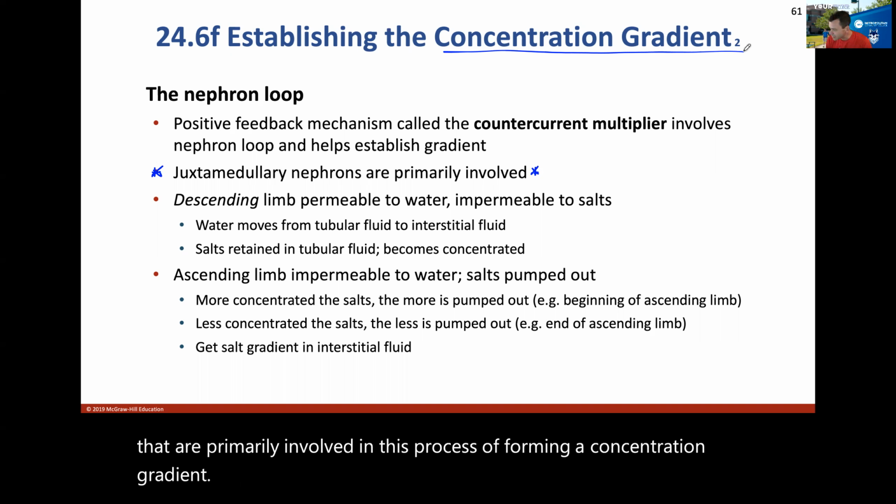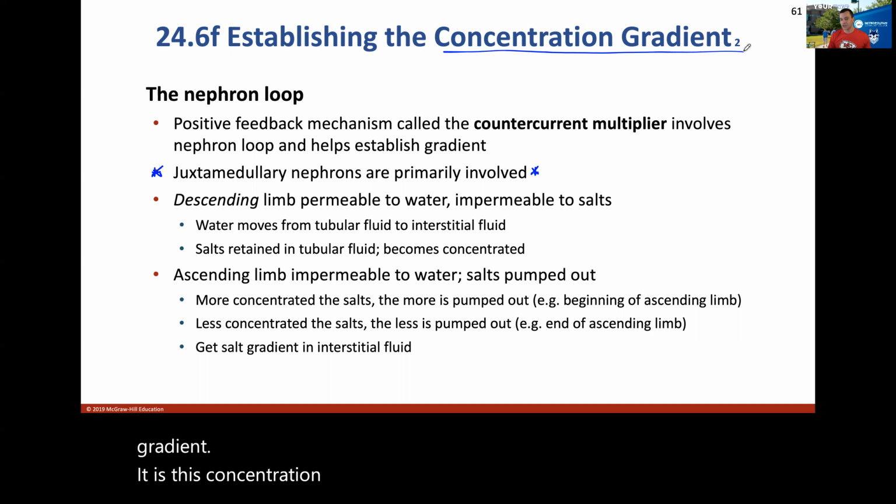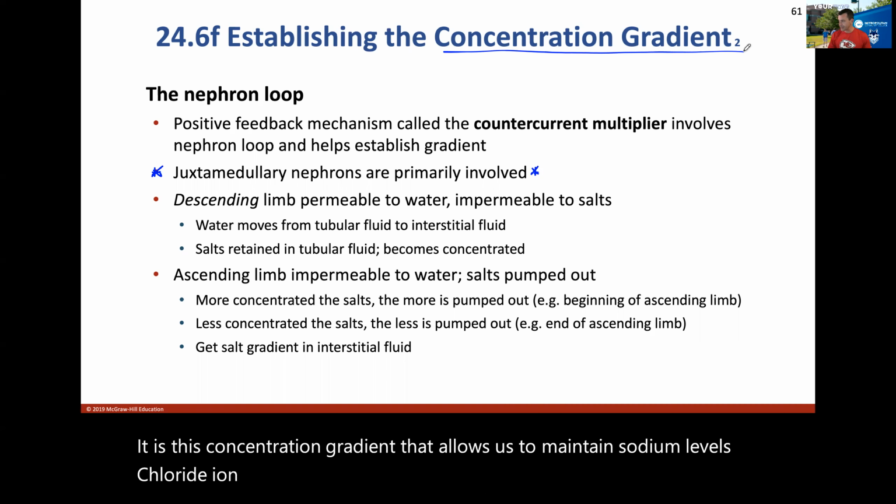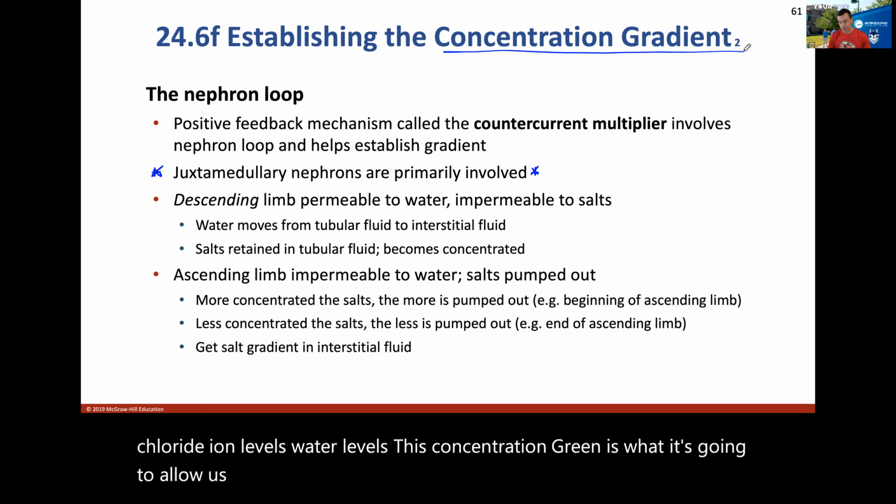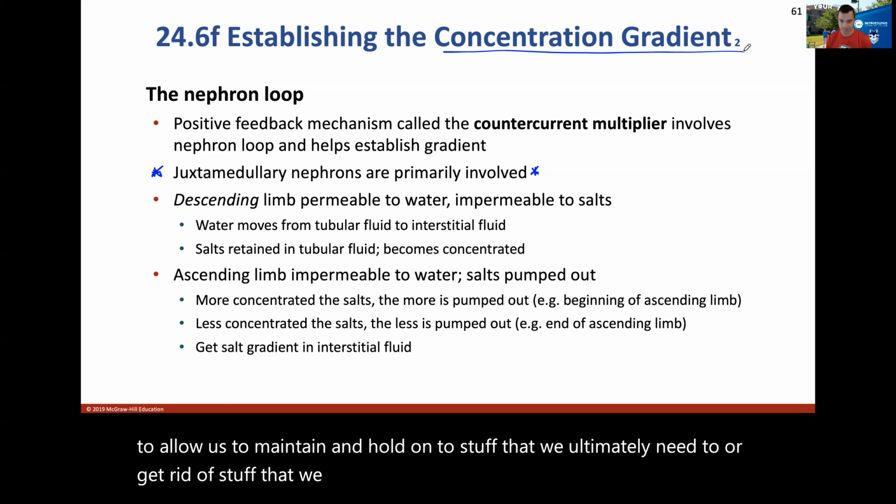It is this concentration gradient that allows us to maintain sodium levels, chloride ion levels, water levels. This concentration gradient is what it's going to allow us to maintain and hold on to stuff that we ultimately need to, or get rid of stuff that we ultimately do not need.